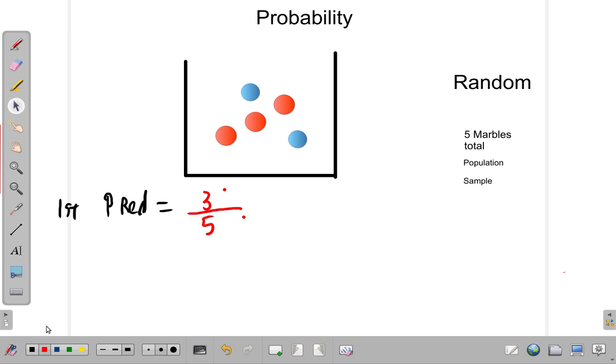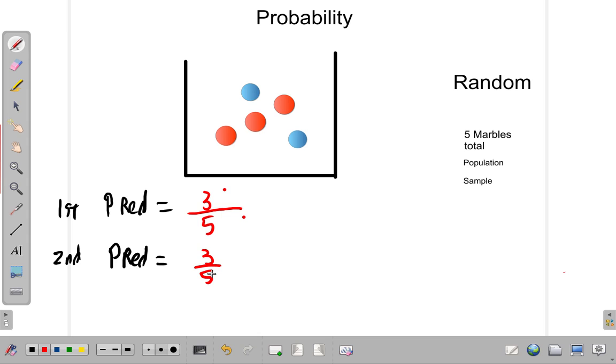What's going to happen? What will be the situation? The second pick, and you're calculating the probability that you pick a red marble. In this case, you have 3 red divided by 5 total, which is 3/5.